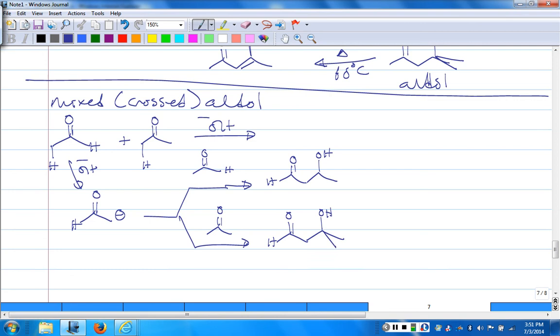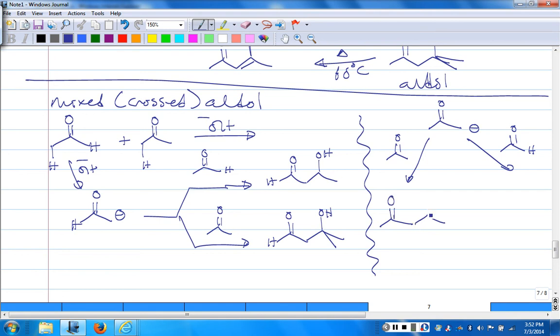So that's 2 products. But the other enolizable compound is the acetone. And when the acetone makes an enolate, it will turn around and attack both its parent, as well as the intact aldehyde. When it attacks its parent, it's going to give rise to this compound. When it attacks the aldehyde, it's going to give rise to this compound.